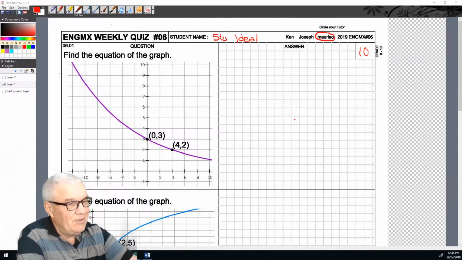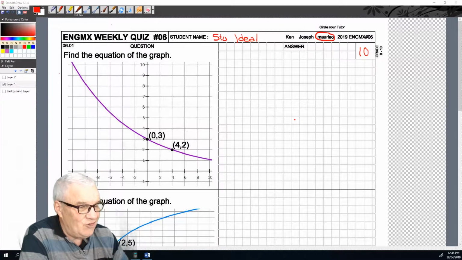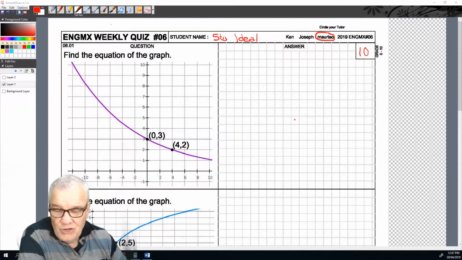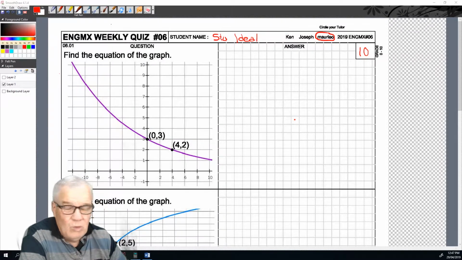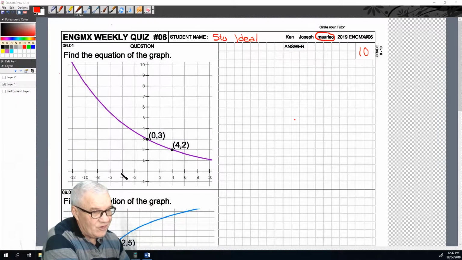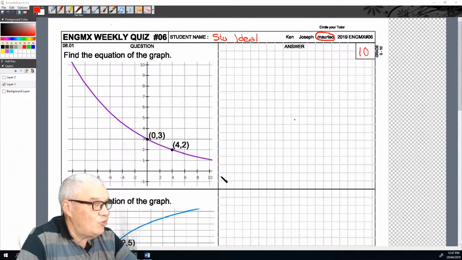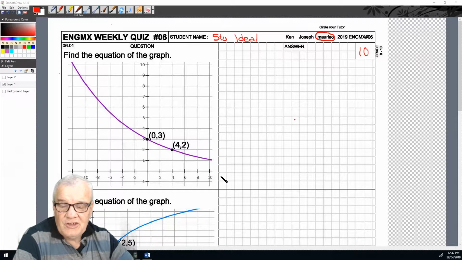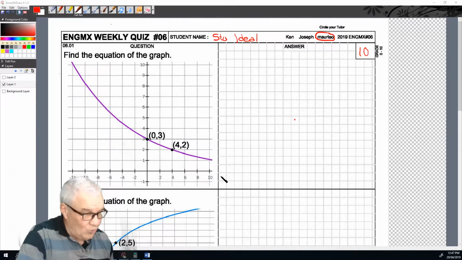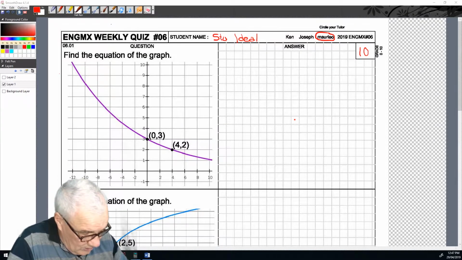As x gets large and negative, y is large, and as x gets large and positive, the number gets smaller and smaller, approaching the x-axis as an asymptote. So from that, we're able to determine that it's an exponential graph, an exponential decay graph in fact.